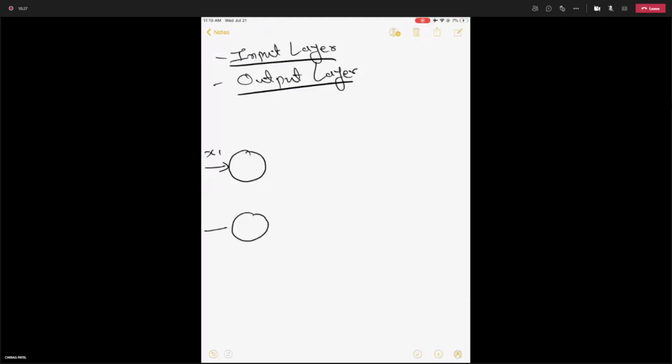This is your x1, this is your x2. Let me draw it smaller. This is your summation unit. Then you have your transfer function over here.